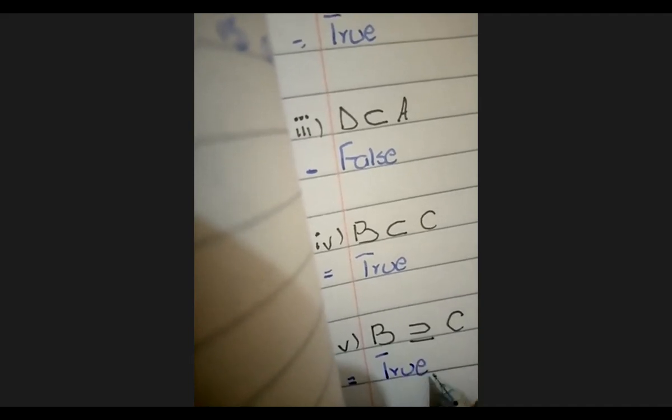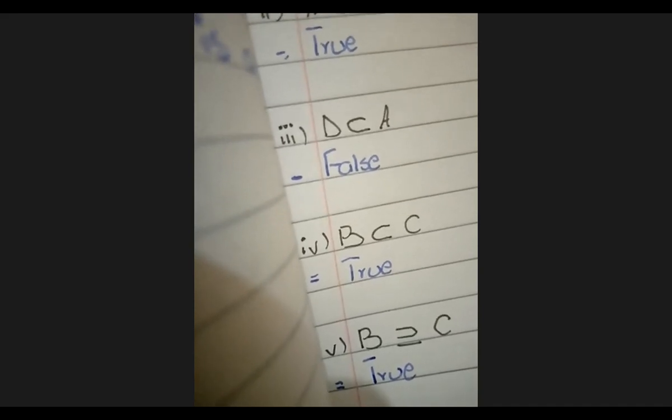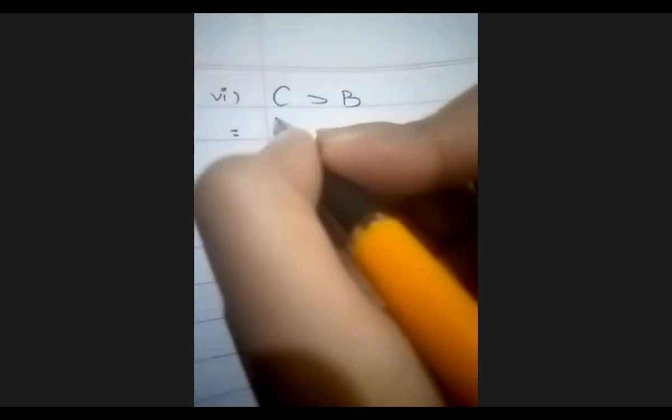Now move on to part number 6: C is a superset of B. True or false? The answer is true.